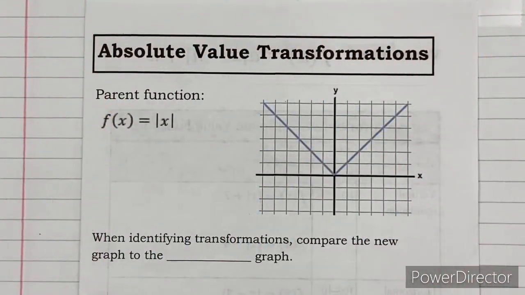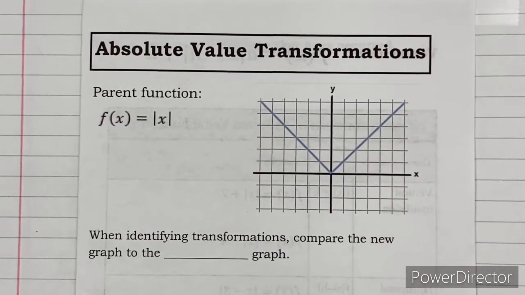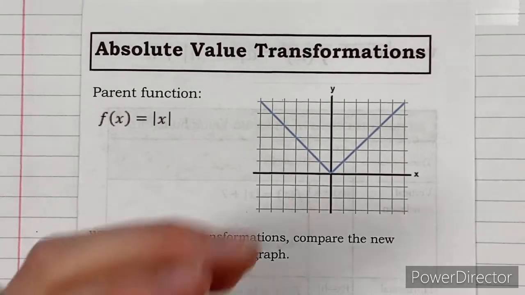Okay, now that our notes are taped in, we're going to go ahead and start talking about transformations. So before we even begin with any of this, I want to kind of remind you about your middle school transformations. So those were called slide, flip, rotate. Those were your transformations that you did in middle school, and you did them to shapes.